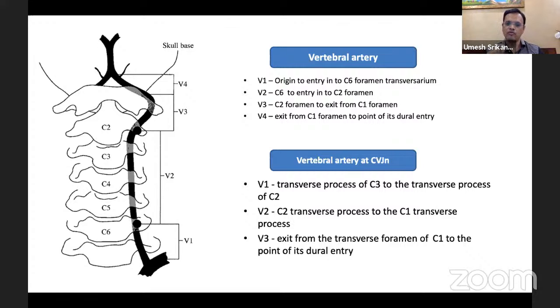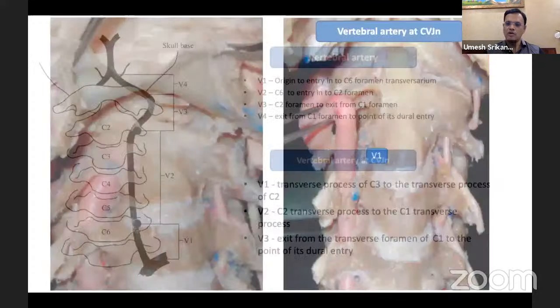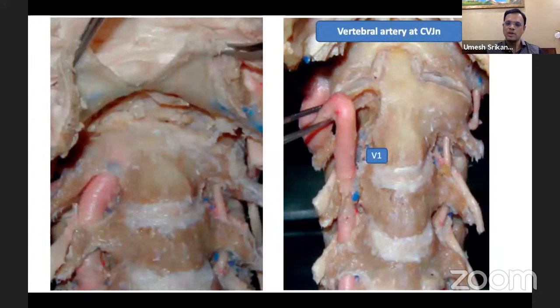So here, the V1, that is the vertebral artery after its origin, arising from the transverse process of C3, encounters a significant bend, a superior as well as a medial angulation to a variable extent in different situations, in order to compromise what is called a high riding vertebral artery in certain cases.